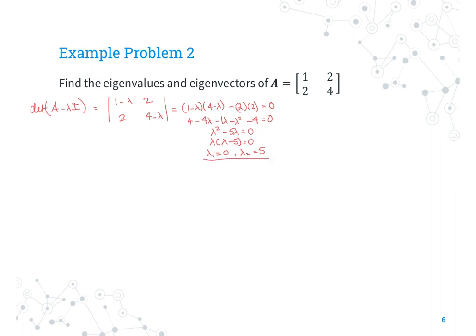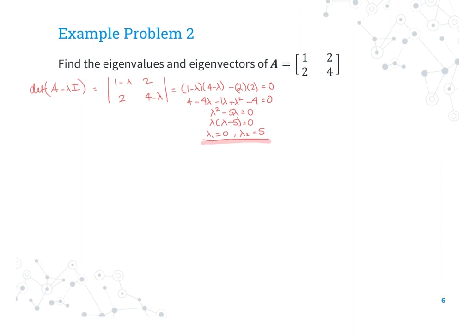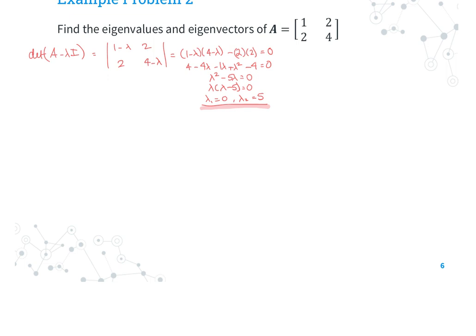So we've already found one part of what the question was asking. So now that we know our eigenvalues, let's find our eigenvectors. So let's start with lambda 1 equaling 0.